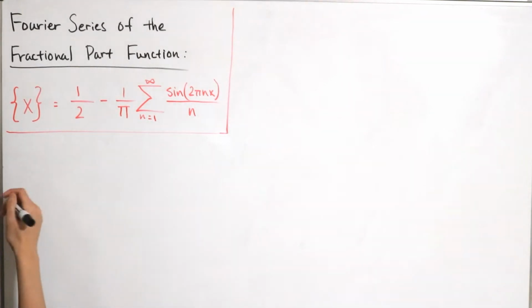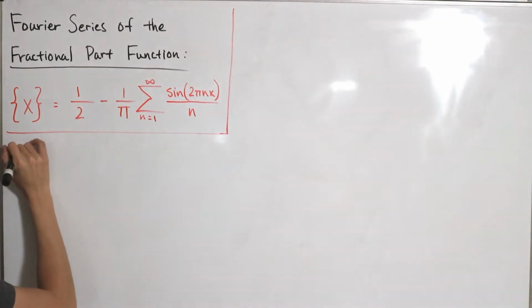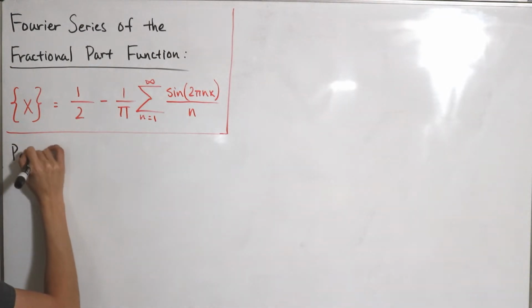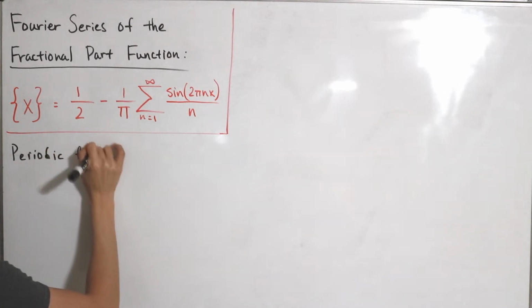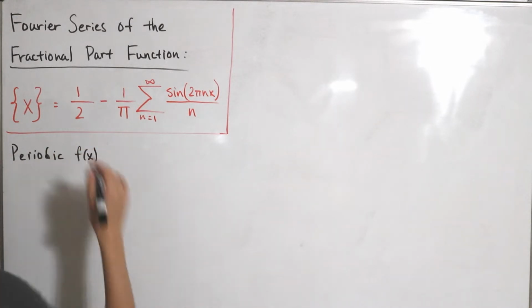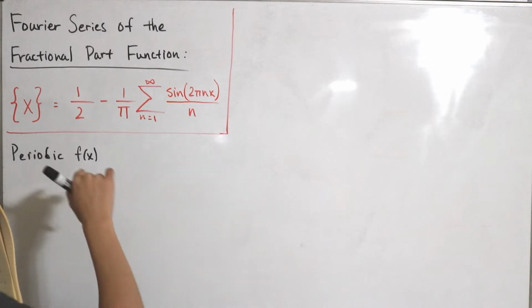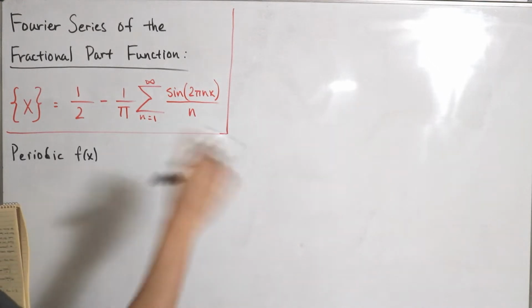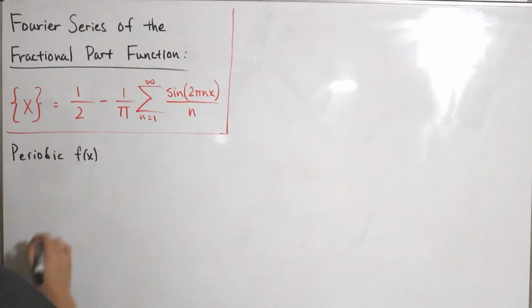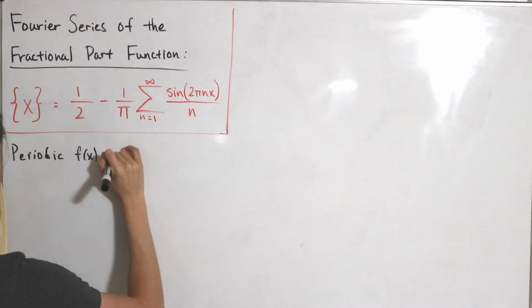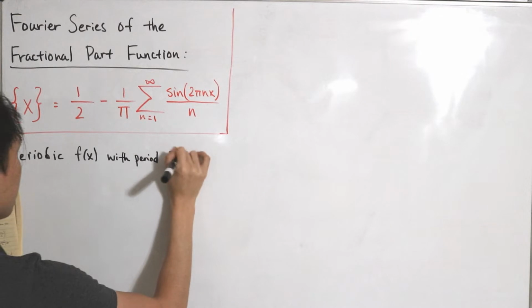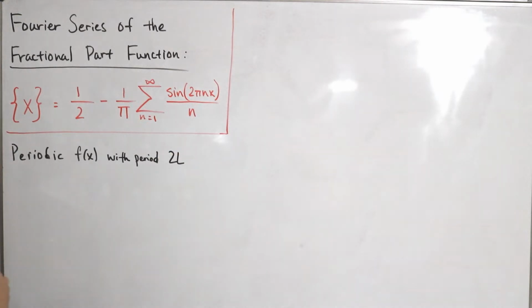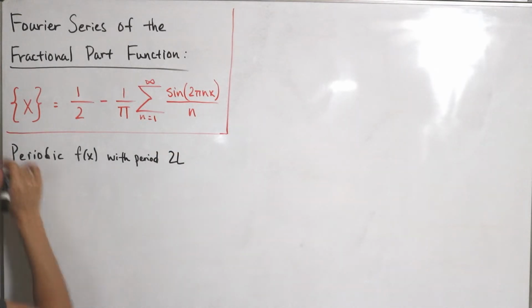So if we start with some periodic function f of x, and it has a period, in other words it repeats itself after some interval. Specifically, we'll say that it has a period of 2 times L. Then we have the series representation written as follows for the Fourier series.